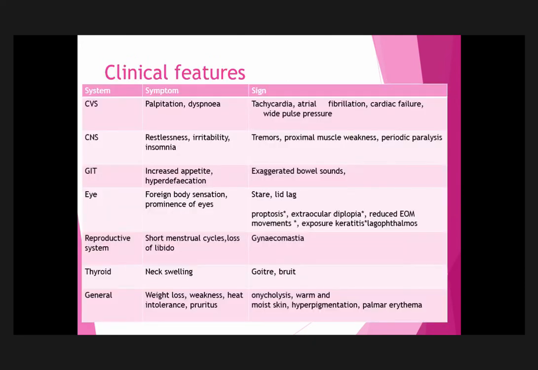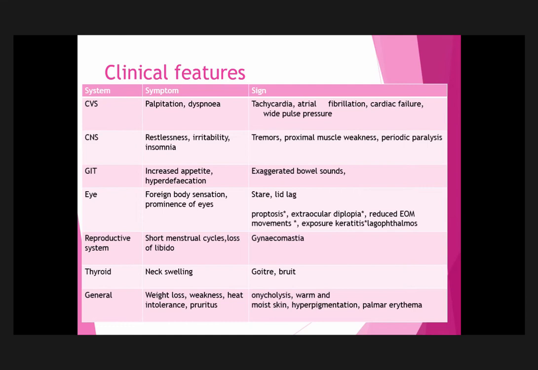Once again, the clinical features according to the system. Cardiovascular system, first of all, palpitation and tachycardia. Unfortunately, if we do not treat Graves' disease, patients will have complications of this condition, called atrial fibrillation and heart failure, because thyroid hormones are very toxic to the heart muscle and may provoke fibrillation.